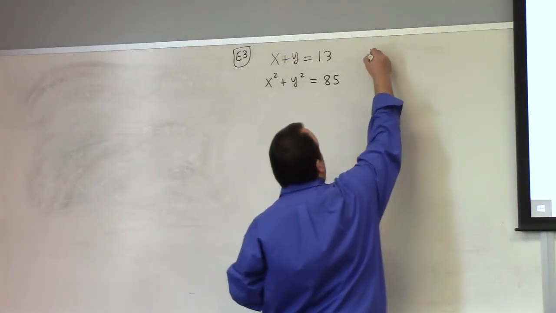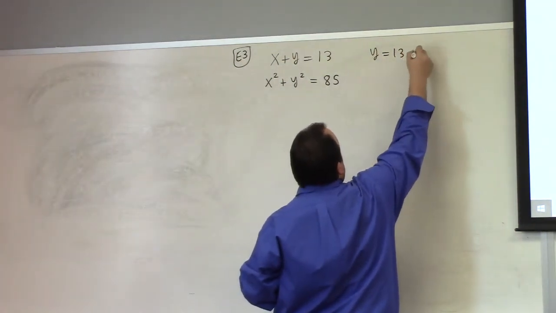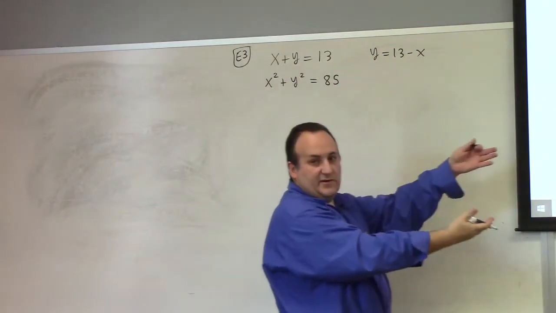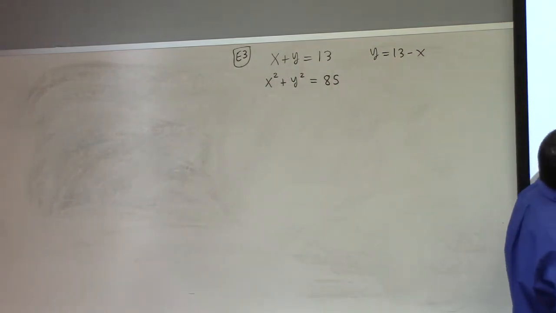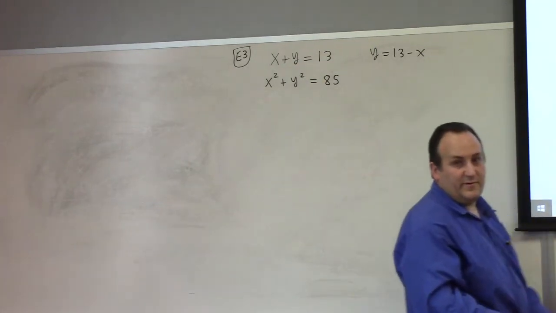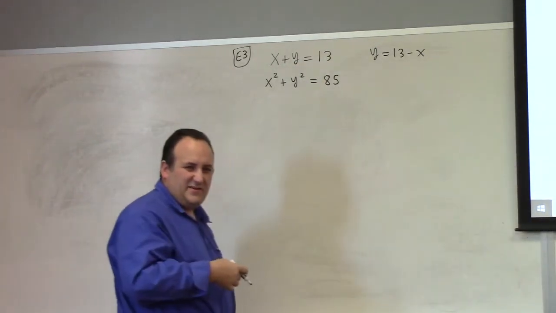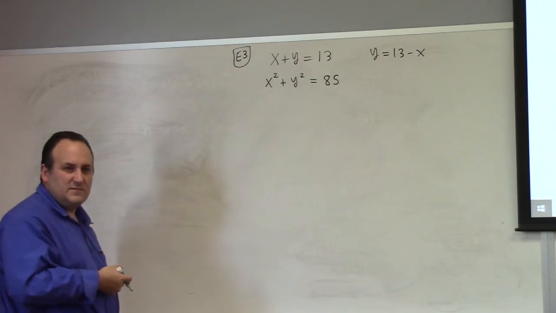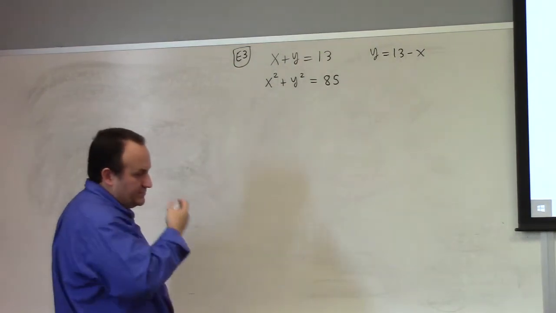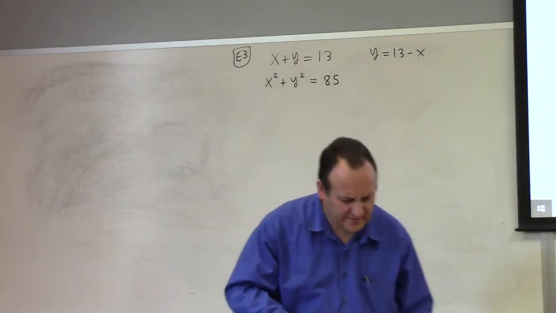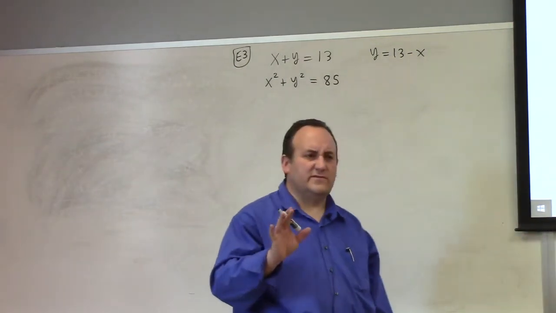Because y equals 13 minus x. And you can see it over here: we've got the circle, and that line happens to intersect the circle. But does it have to intersect the circle? Surely it doesn't, right?